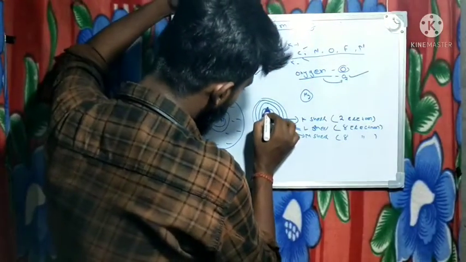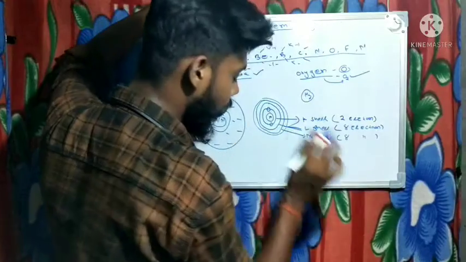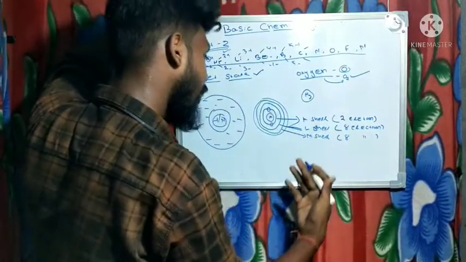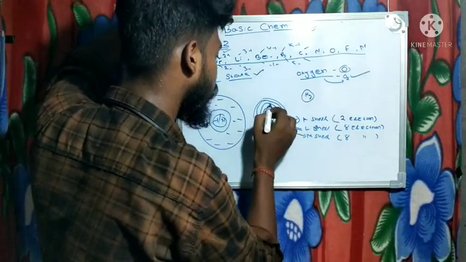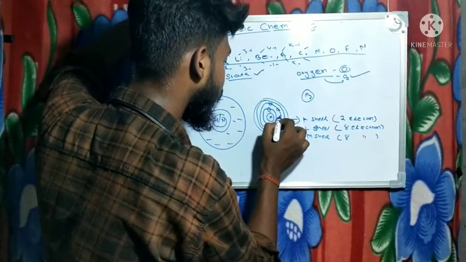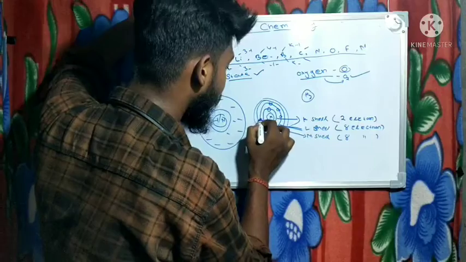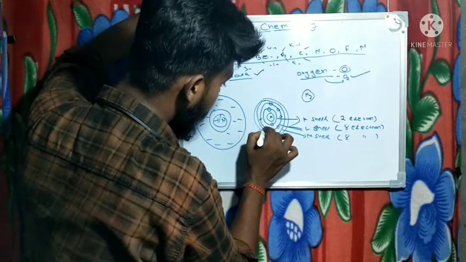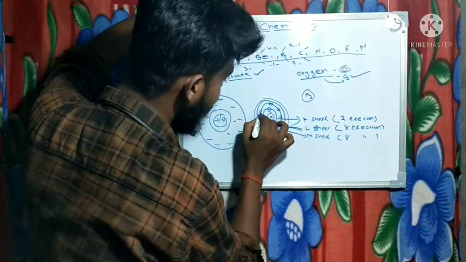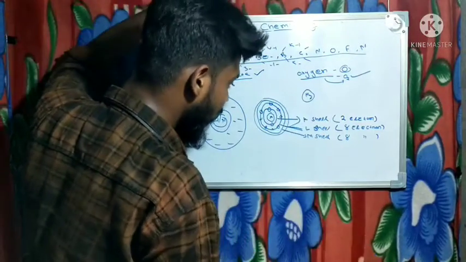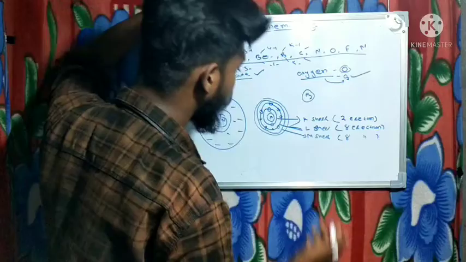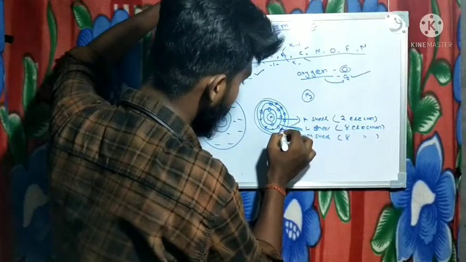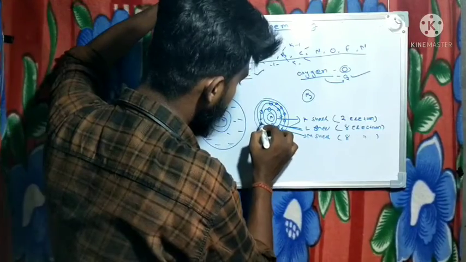That means we cannot put more than 2 electrons in the K shell. If there is any remaining electron, it goes to the next shell. This also contains a maximum of 8 electrons. After those 8 electrons, if there is any other electron, then it goes to the M shell, which also contains 8 electrons.